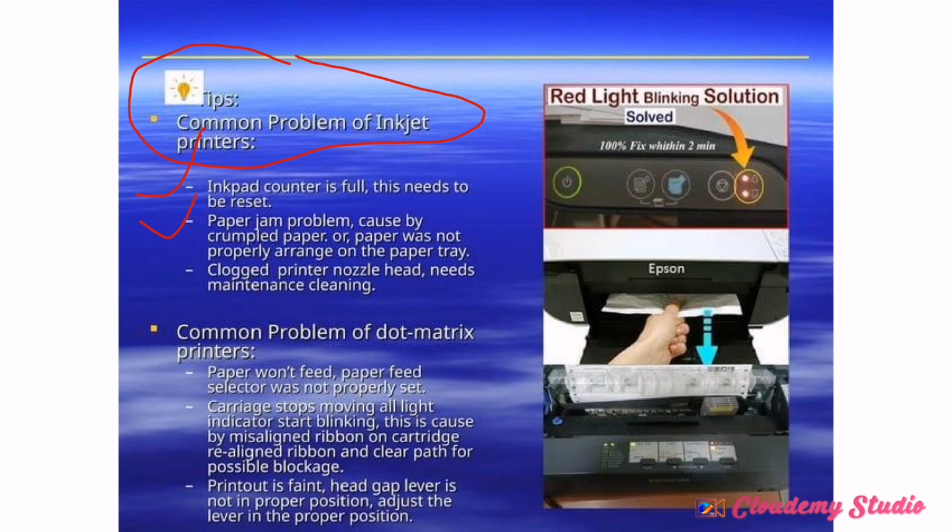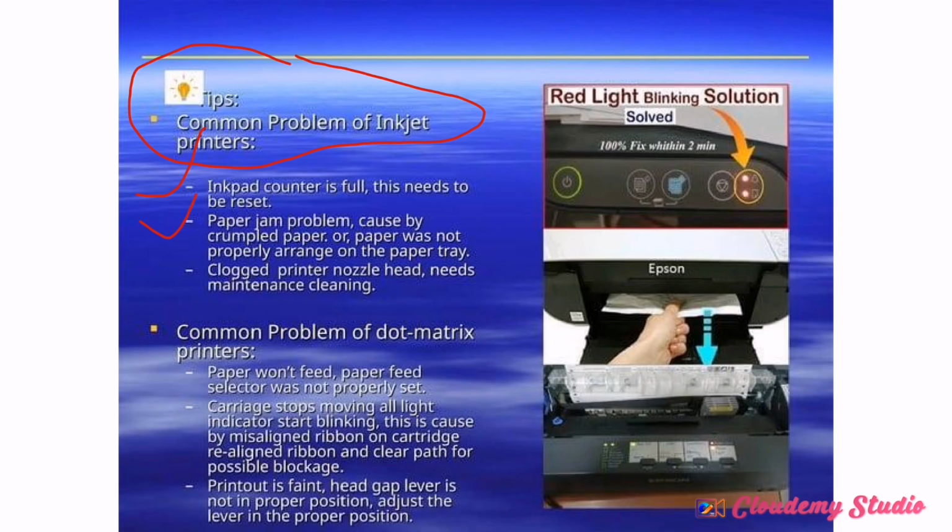Then paper jam: in a situation whereby in the paper tray you did not set the A4 or A3 paper properly, then when the roller is pulling the paper, you're going to have the issue of a paper jam. A paper jam means that when you are photocopying or printing, the printer did not pull the paper in a normal way completely.